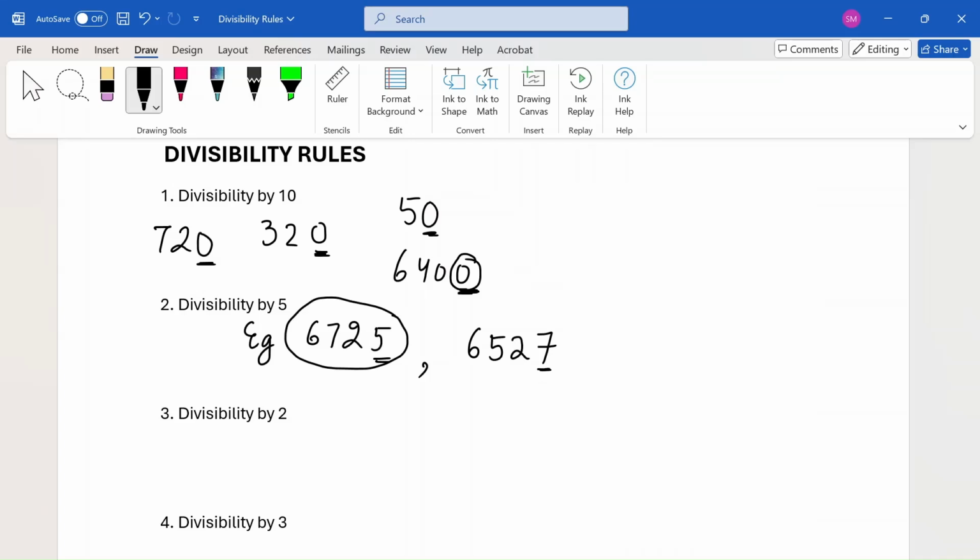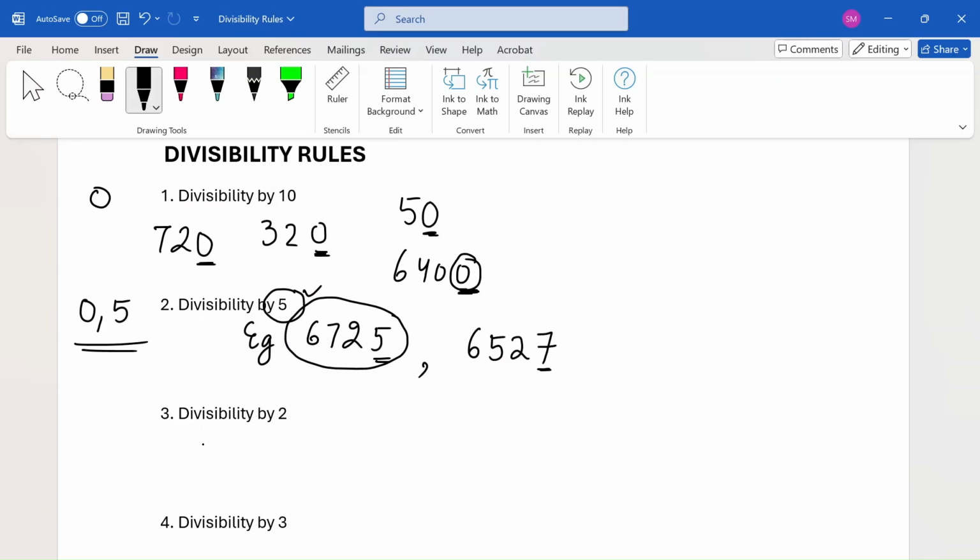So this number is not divisible by 5. So basically this rule is that we check if the number is ending with a 0 or 5. So let me write the divisibility rule of 10: it ends with a 0. And of 5: it ends with either a 0 or a 5.